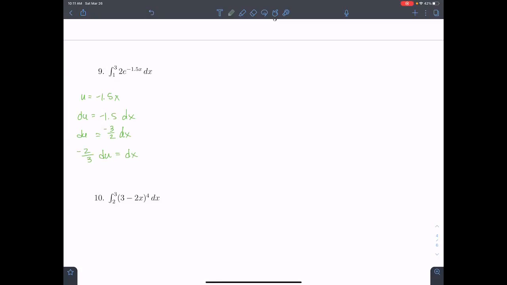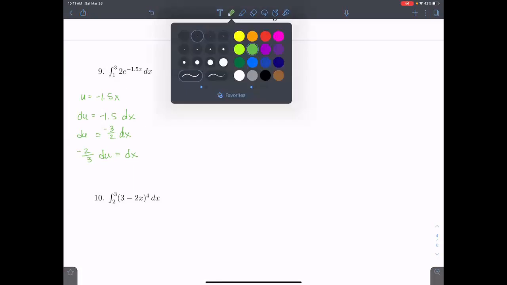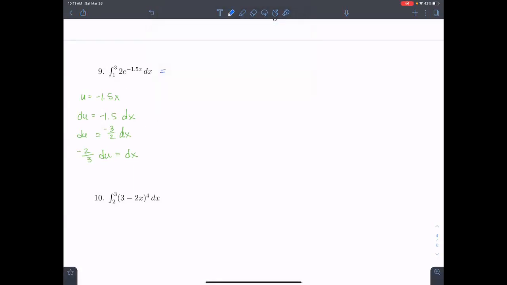So what I'm going to do is pull that 2 out. I have the integral from 1 to 3 of e to the u, and then times du, but the du here is negative 2/3 du. So replacing this with u and the dx with negative 2/3 du.